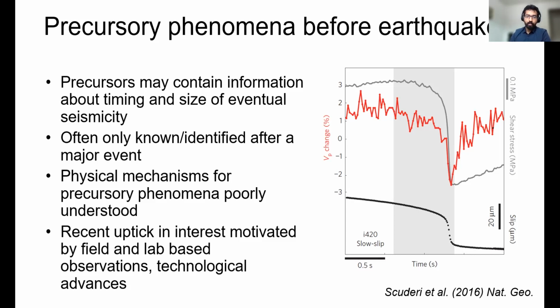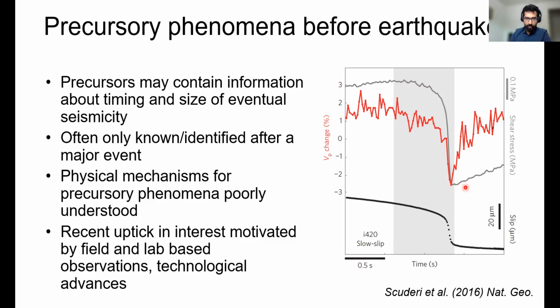So this is, I think, where lab studies are particularly useful because we can reliably image the nucleation process. For example, this figure on the right shows a plot of shear stress, which is this gray curve here. This is by Marco Scuderi and others, published in Nature Geoscience in 2016. The shear stress and the fault slip, in black, over time for one seismic cycle in the lab.